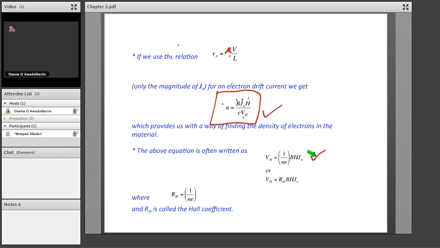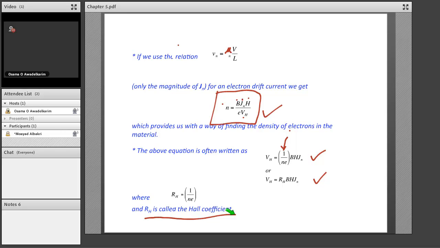So these are the relations which you can get for VH. And this factor here, 1 over NE, where N is the density of free electrons, E is the electronic charge. Now, this prefactor, 1 over NE, which we lump together as RH, is called the Hall coefficient.